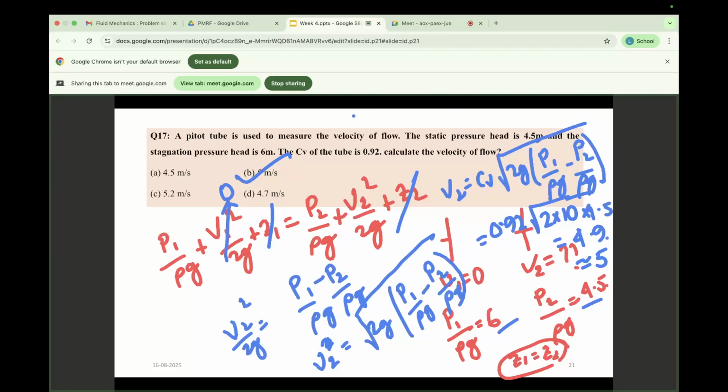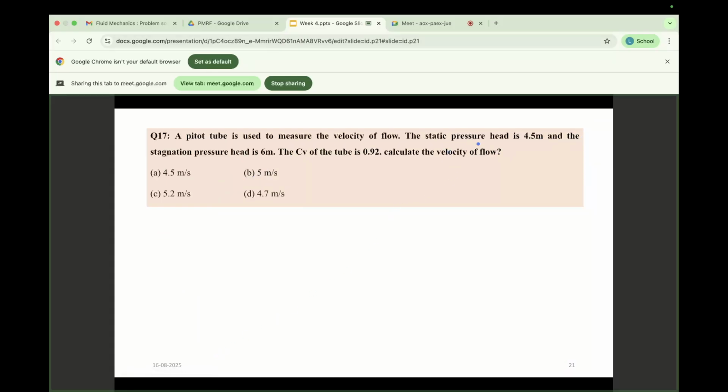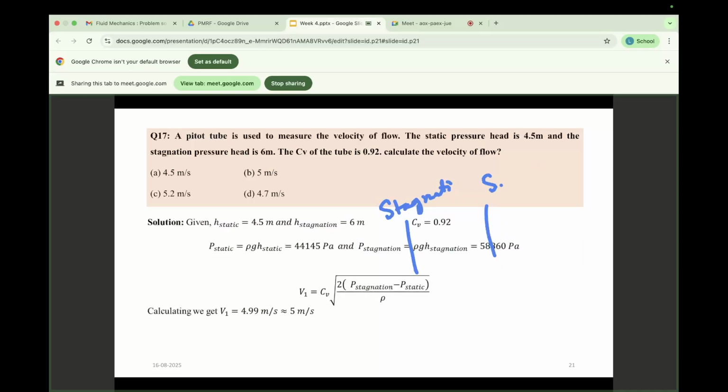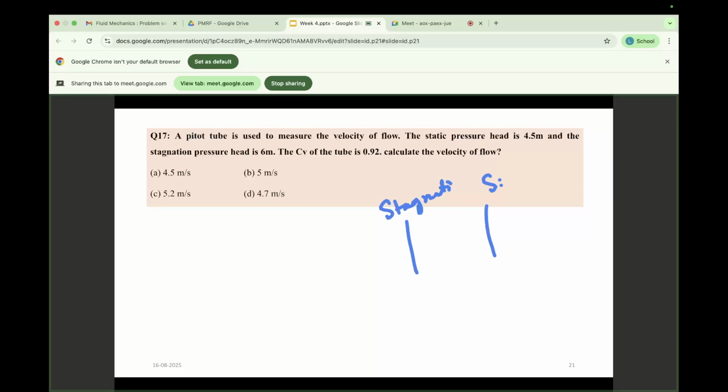The thing is that you need to know the difference between these two terms, the static pressure head and the stagnation pressure head. So I just repeat this thing. Say this is stagnation and this is static.